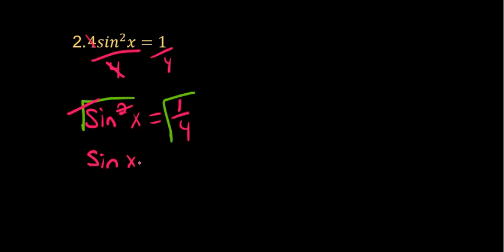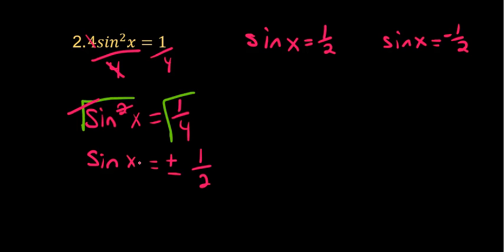I have sine x equals, and again, when you take square roots, you could have the positive or the negative answer. You can look at the 1 and the 4 separately. The square root of 1 is 1, the square root of 4 is 2, and I end up with positive and negative 1/2. So that's actually two different equations: one where the sine is equal to +1/2 and one where the sine is equal to -1/2. I'm going to look both of those up on my unit circle.